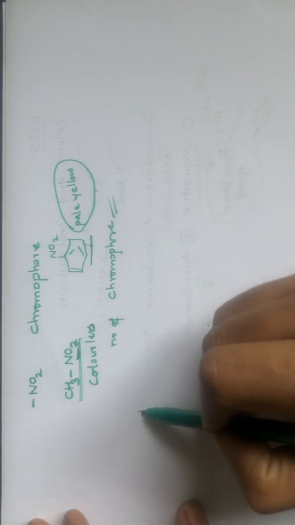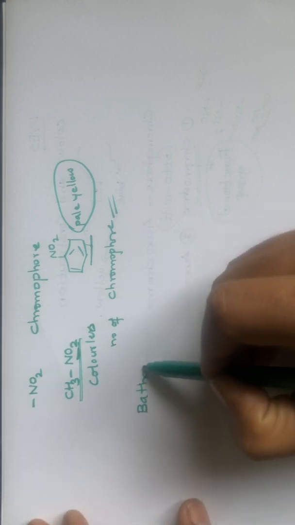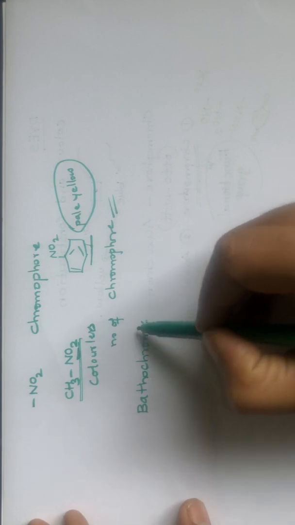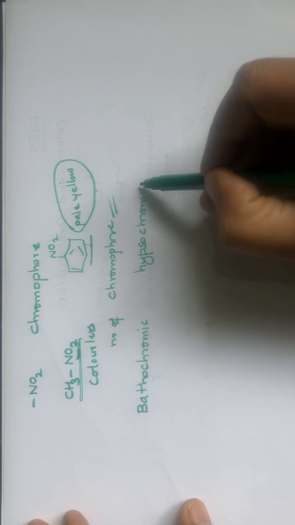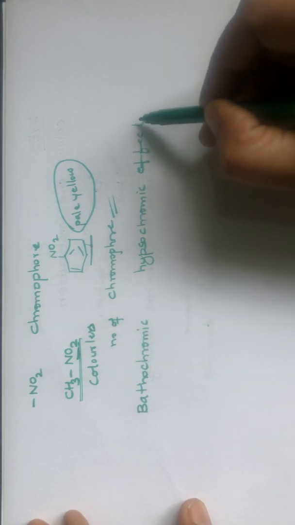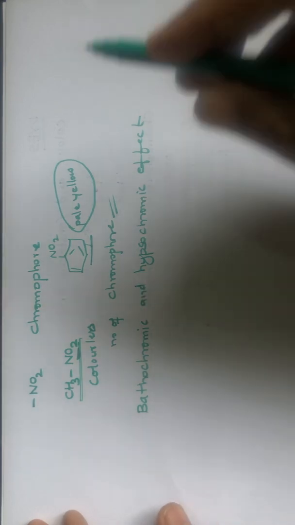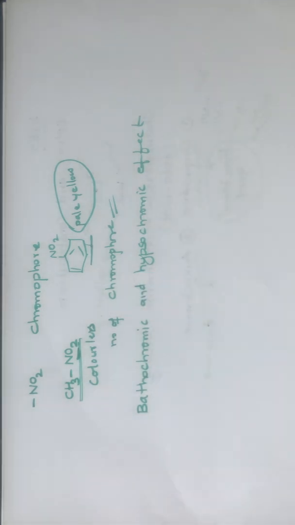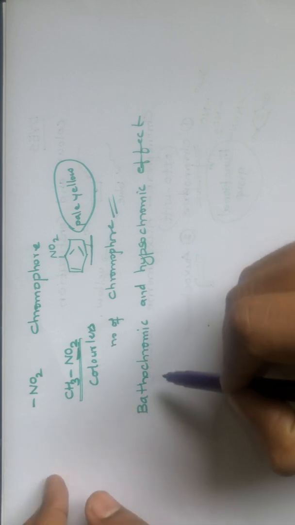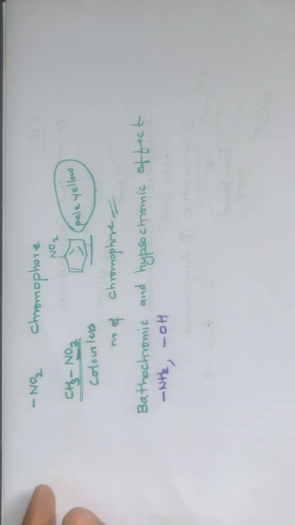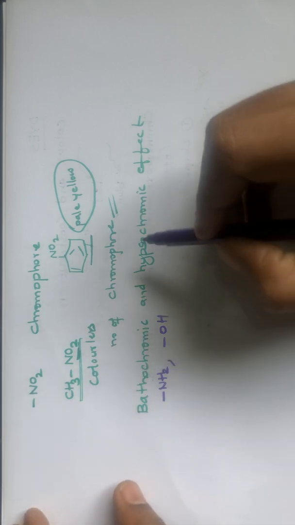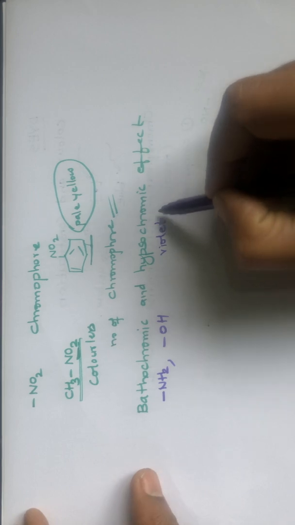We do come across another two terminologies here. One is the bathochromic shift and the other one is the hypsochromic shift. Let us see what is this bathochromic effect and hypsochromic effect. Introduction of auxochromes like NH2, OH in a chromogen shifts the absorption band from lower to higher wavelength, that is from violet to red.